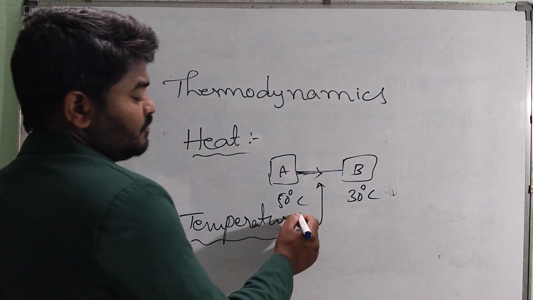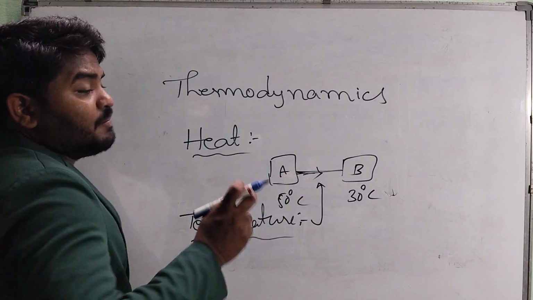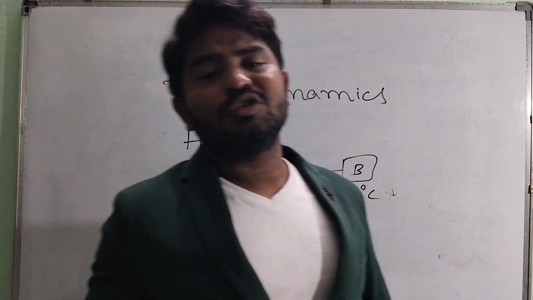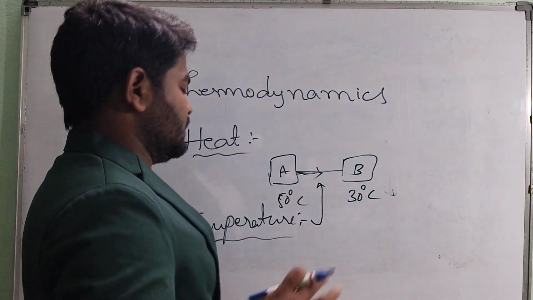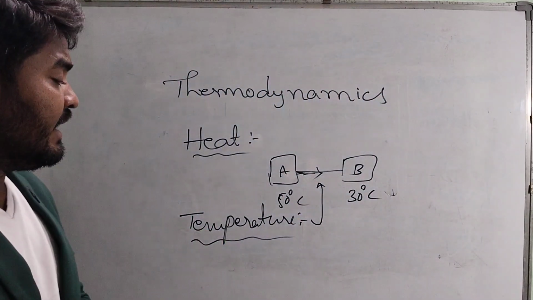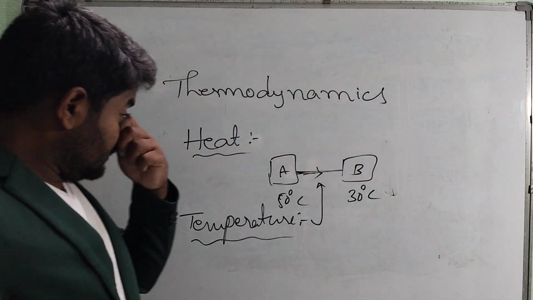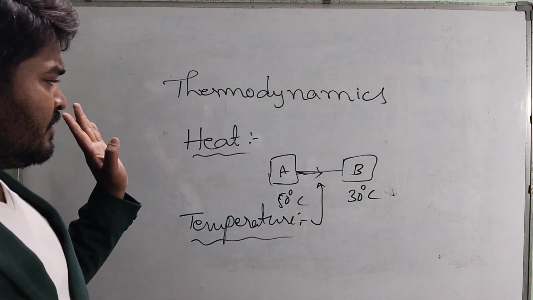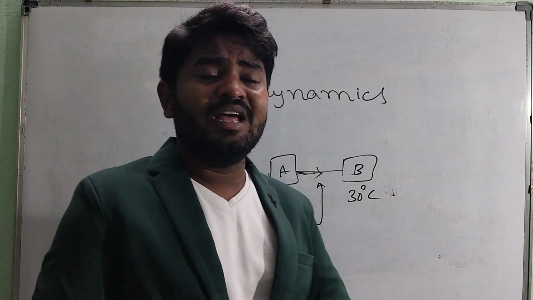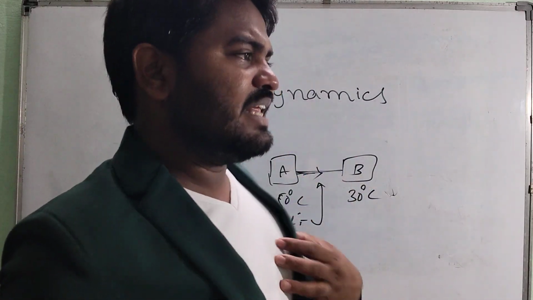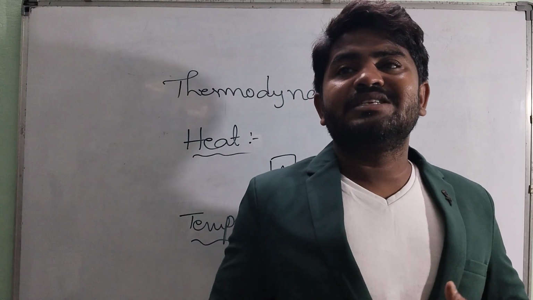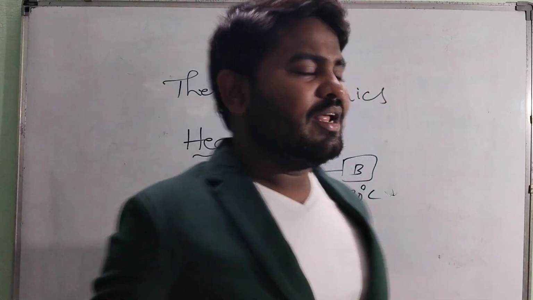One more important point is that temperature is directly proportional to the kinetic energy of the molecules of the object. And temperature decides the direction of heat. Whenever an object gains heat energy, its temperature rises, right?